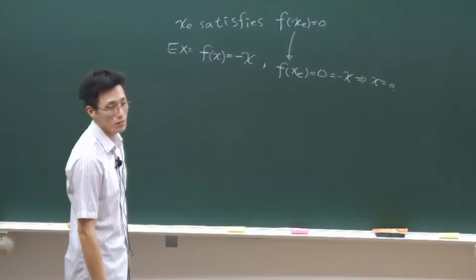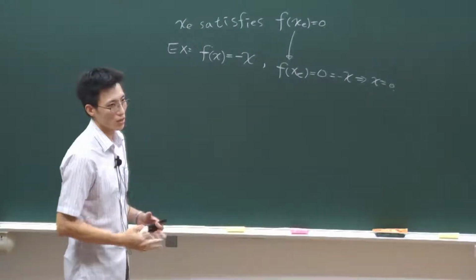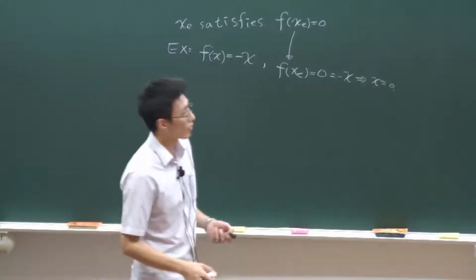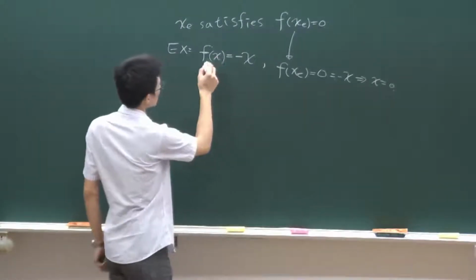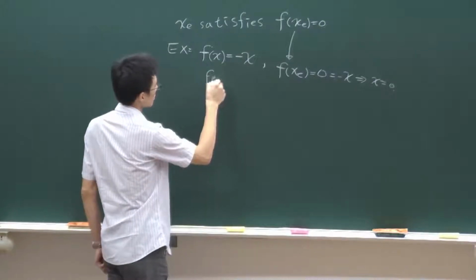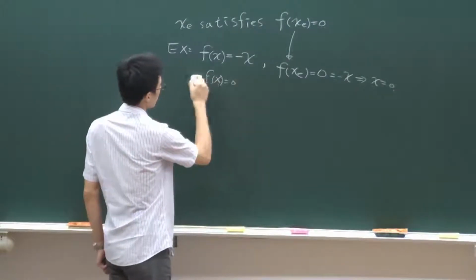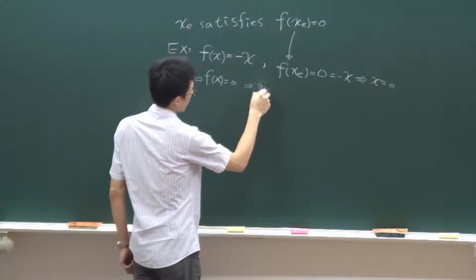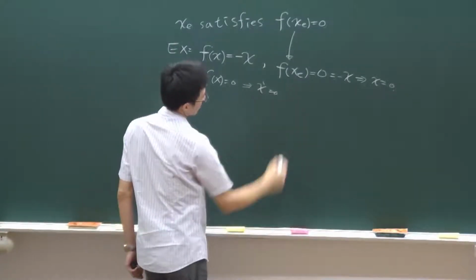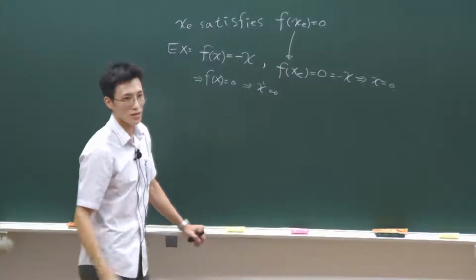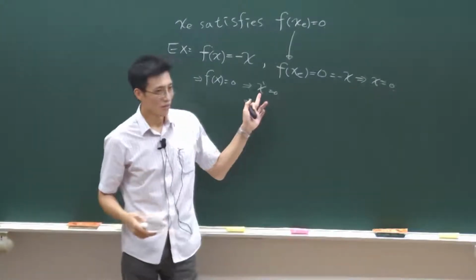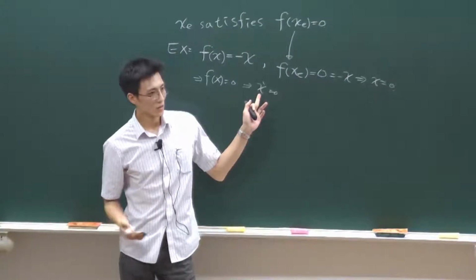What's the physical meaning of an equilibrium point? Maybe you can think about it this way: when f(x) equals 0, it means x dot is 0. What is x dot? It is the dynamics, defined as the time derivative of the states.